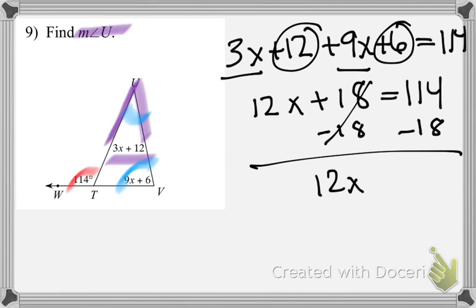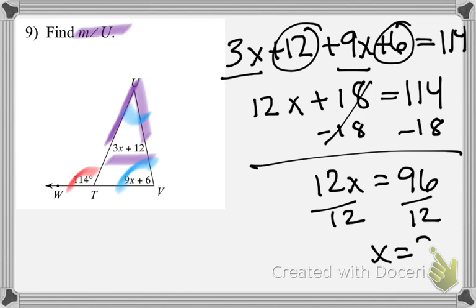So I have 12x is equal to, and then let me do this one really quick. So we have 114 minus the 18 gives me 96. I want to divide that by 12. And so x here is equal to 8.